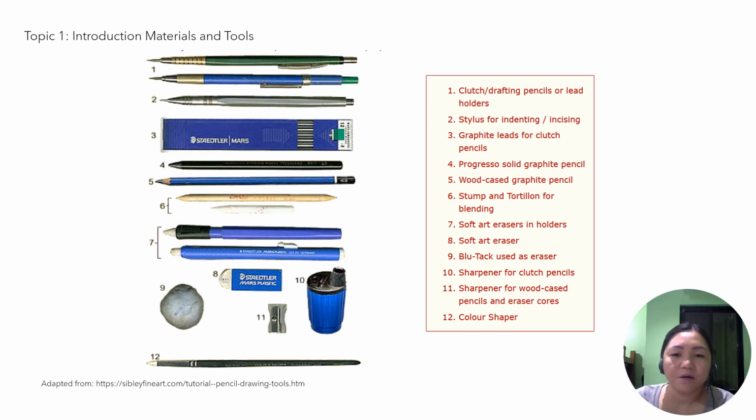Six are your stump and tortillon for blending. Seven are your soft art erasers with holders. Eight will be your soft art eraser. Nine are your blue tack used as eraser. 10 are your sharpeners for your clutch pencils and sharpeners for your wood case pencils and eraser cores. And lastly are your color shapers.